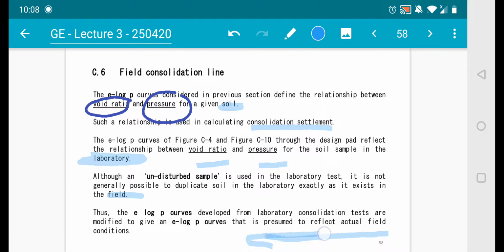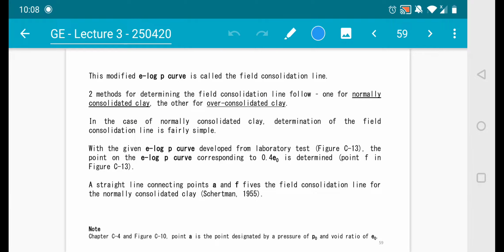So this is the first thing that we did: make an assumption, and we try to make it simple to reflect whatever result from the lab to the site condition. Now this modified E-log P curve is called the field consolidation line.